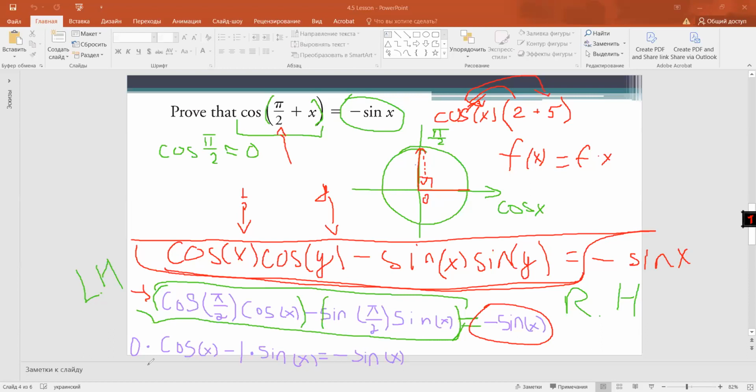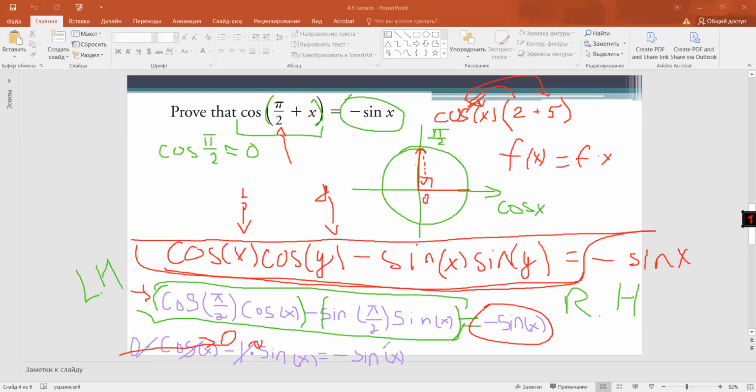And now, Safa, can you cross out, how do you simplify it in order to prove it? Yeah, absolutely right. This part is going to be equal to 0, 1. Basically, we can just bring it in. Yeah, it's going to be negative sine x equals negative sine x.